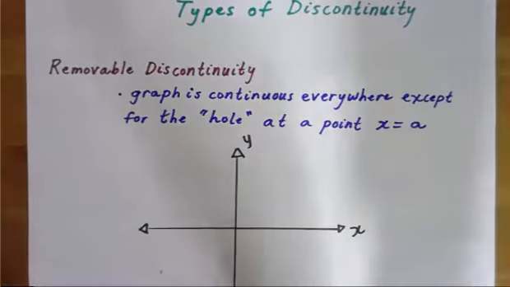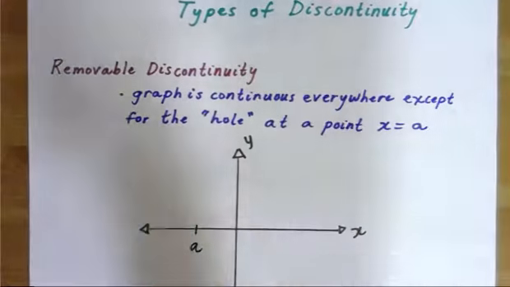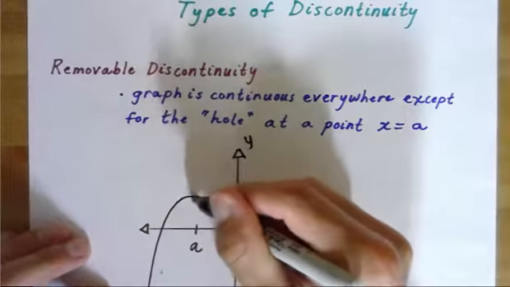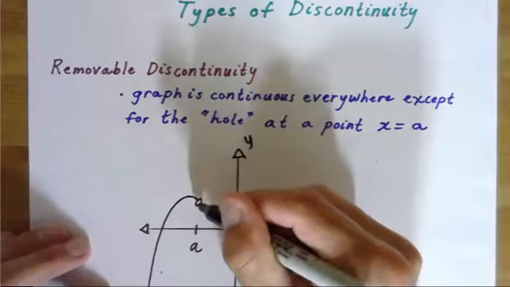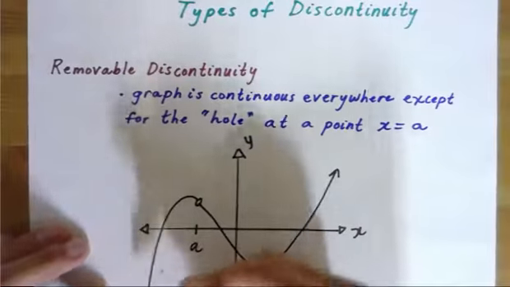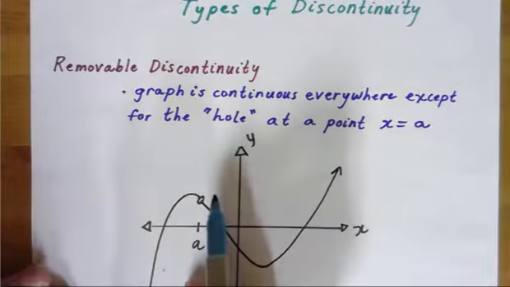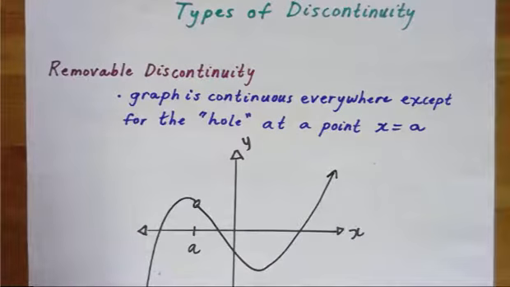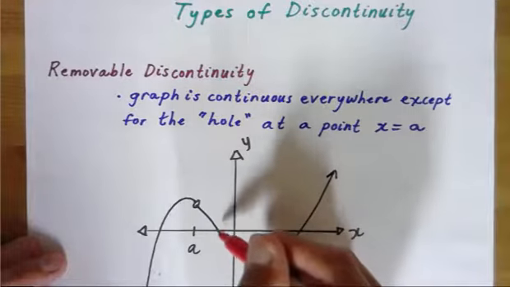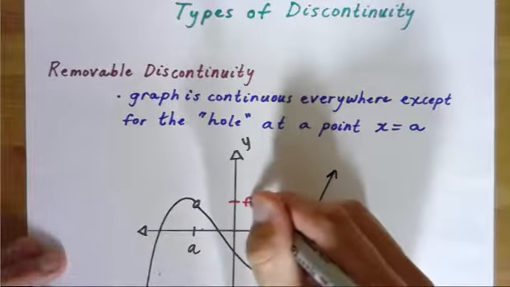So if I draw this point, here's this point a, and I can go ahead and draw up, and maybe there's a hole here, and my graph continues on like this. So what that means is there's a hole in my graph, and I can't draw the complete thing. That means all these points are defined for y except for this value here at a, and this would be f of a. So that point is not defined.